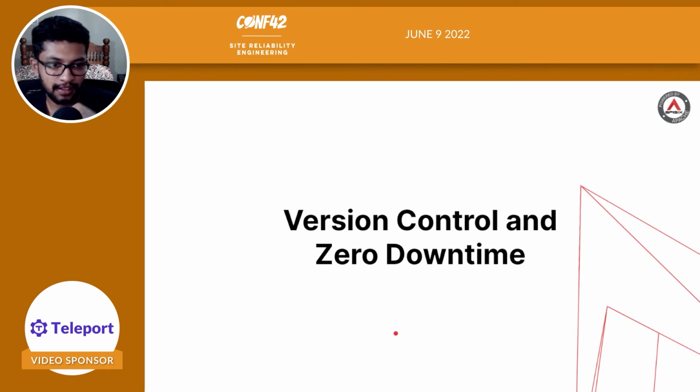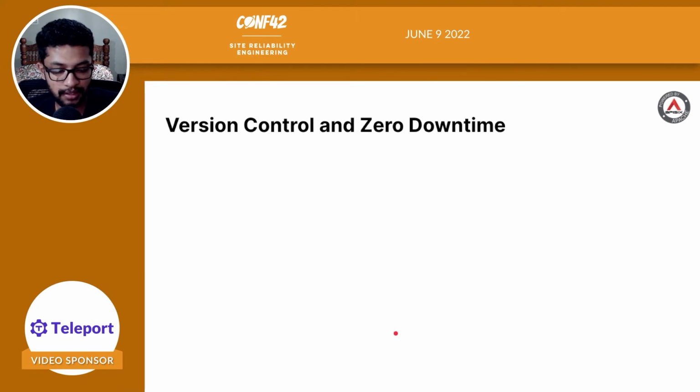Maybe this is more straightforward to think about when it comes to reliability, especially in the case of zero downtime. How do you ensure that your services stay up all the time? Let's first look at the version control aspect.